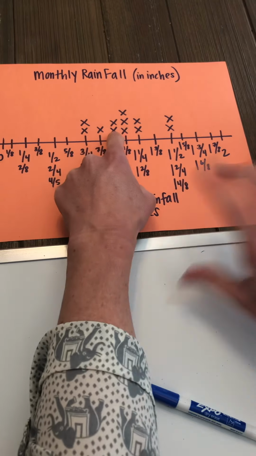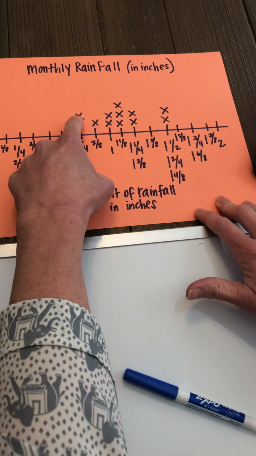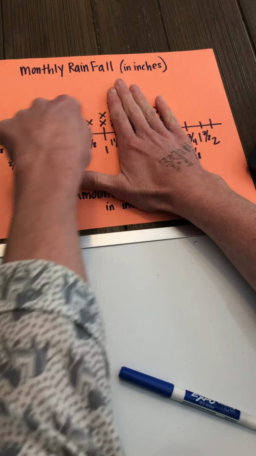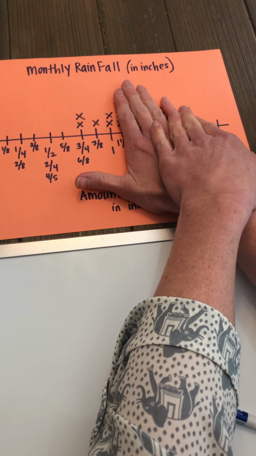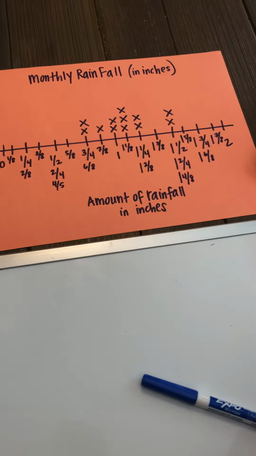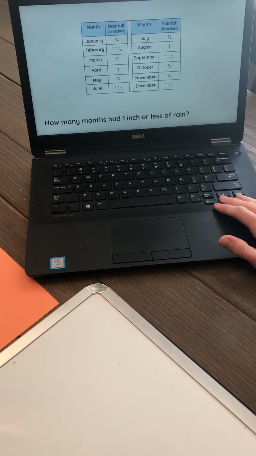So we had 2 months with 1 inch of rain, and then we had 1, 2, 3 months with less than 1 inch. So in total, we had 5 months that have 1 inch or less of rain. So that one was pretty easy to answer. 5 months had 1 inch or less of rain.